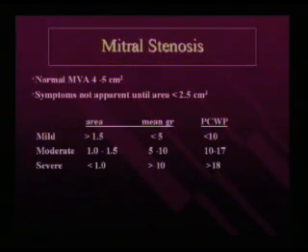And severe or critical if it is less than 1 centimeter squared, which would mean a gradient of more than 10 millimeters across the mitral valve, a mean gradient, not a peak gradient, and a pulmonary capillary wedge pressure which is more than 18 and approaching 20, which means that even minimal activity will now cause breathlessness in this patient.